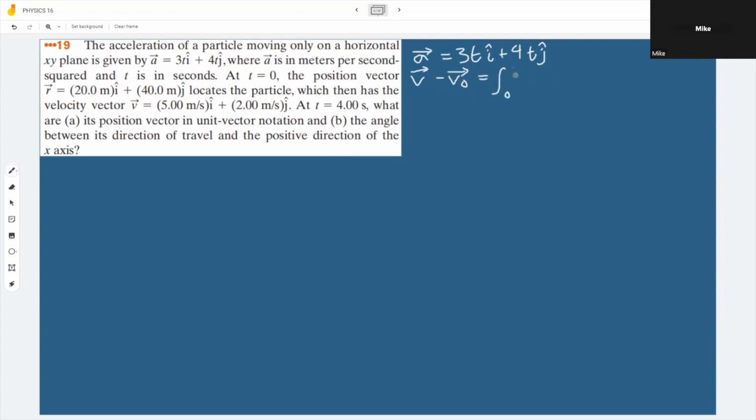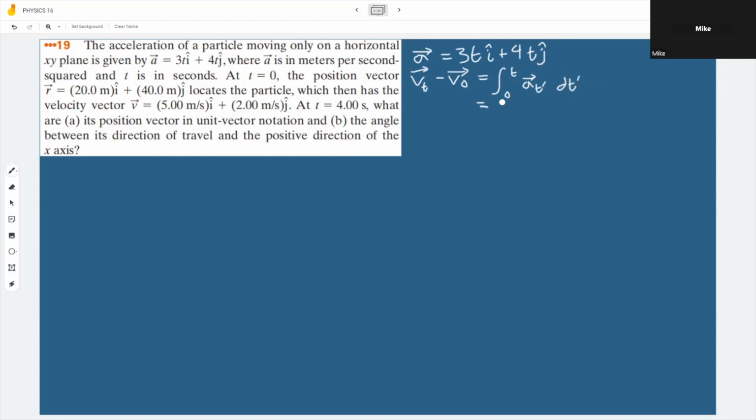Tapos that's equal to the integral from 0 to t, a of t prime. Teka, lagyan mo ng a of t prime para malinis. Hindi, v of t yan. Tama yan. Pero yung right hand side, a of t prime.